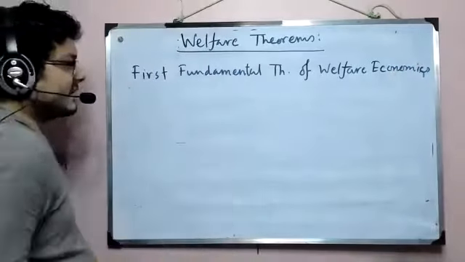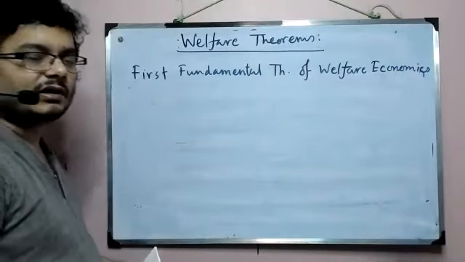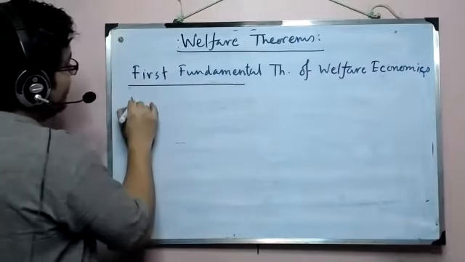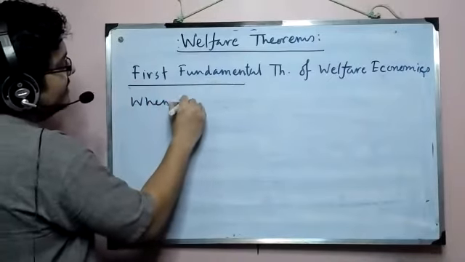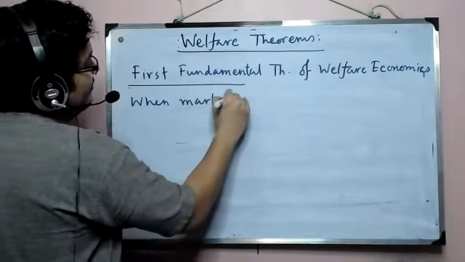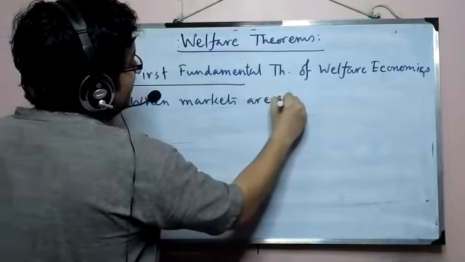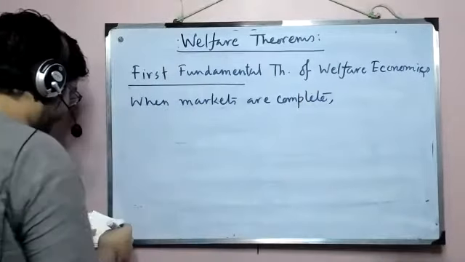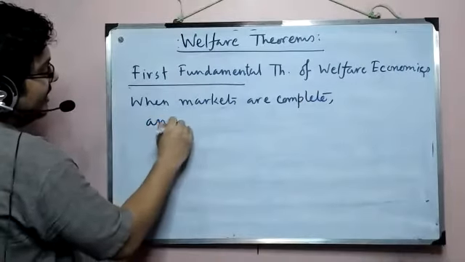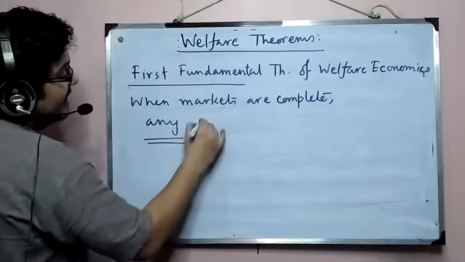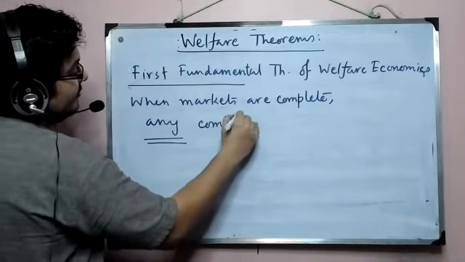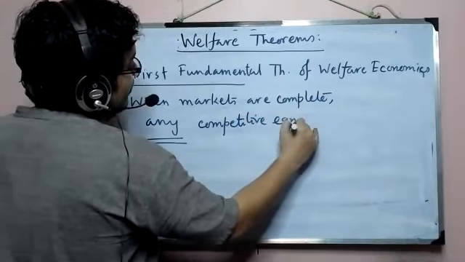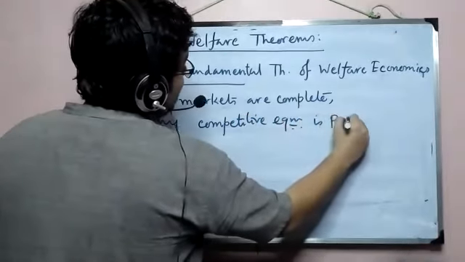And then you have the second fundamental theorem of welfare economics. So what is the first one? The first one is pretty simple. It says when markets are complete, any, and that's a huge word, any competitive equilibrium is Pareto optimal.